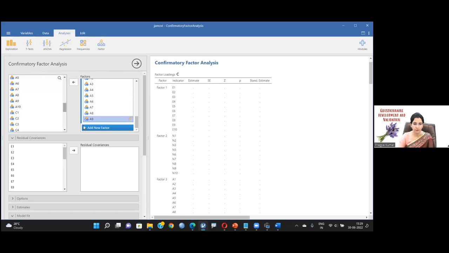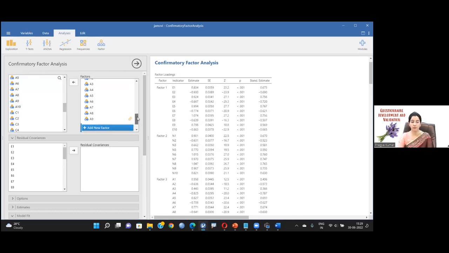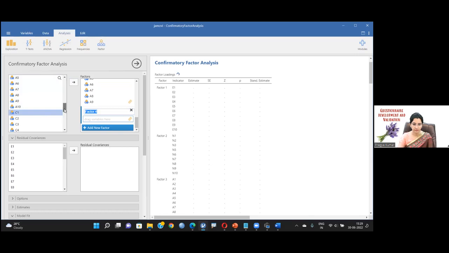And then again I will have to add a new factor. So you should remember the clubbing of your factors. In the next factor, I will move C1 to C10. And then the next, O1 to O10.